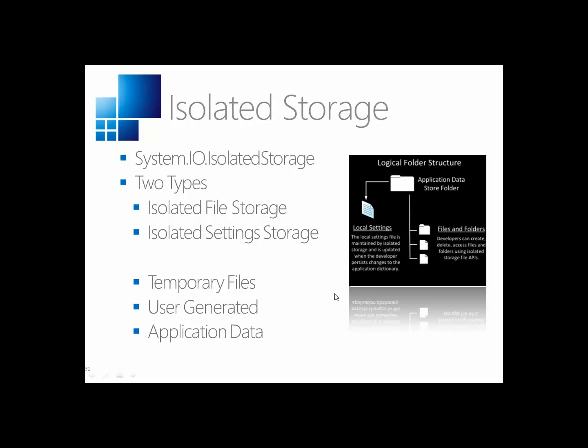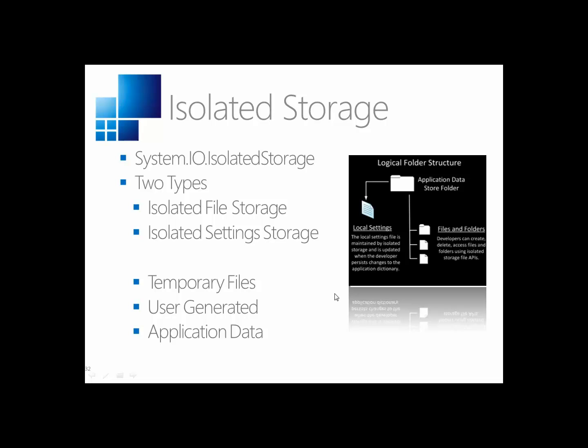And you also have setting storage. So there's an easy way to utilize isolated storage to have settings saved. So the username and password of an application, or check boxes of what colors or themes to use, that type of stuff is saved in setting storage in isolated storage.